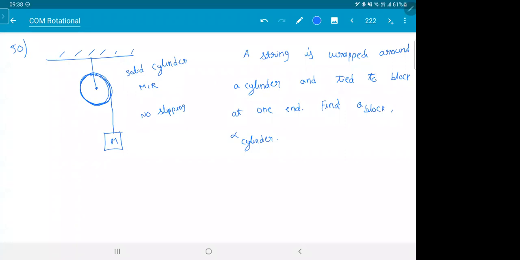Let me show you one. Listen carefully. First, the general way of solving this. Then I'll show you some other way to solve it faster.